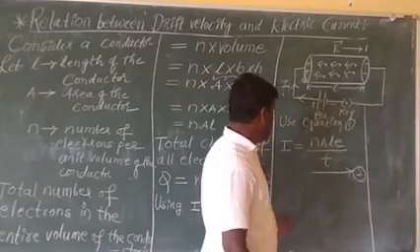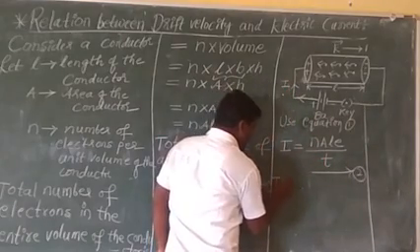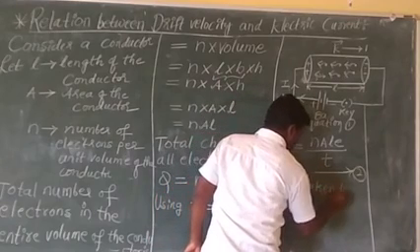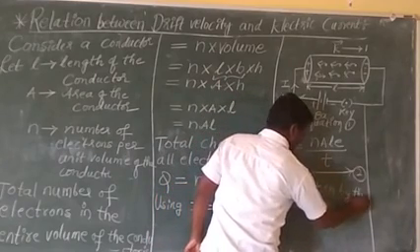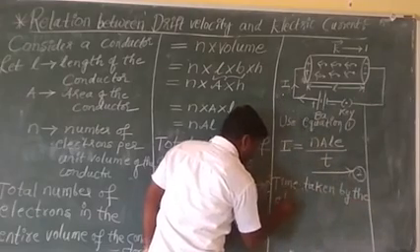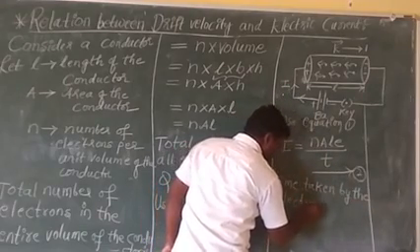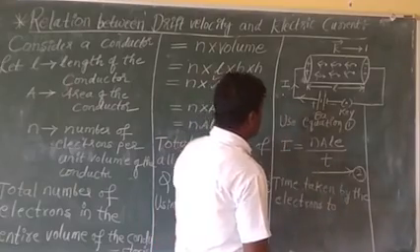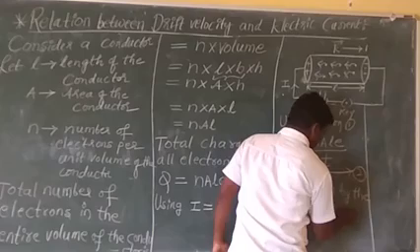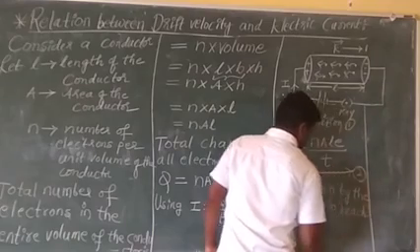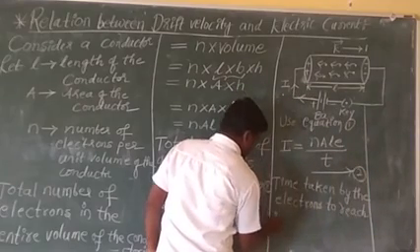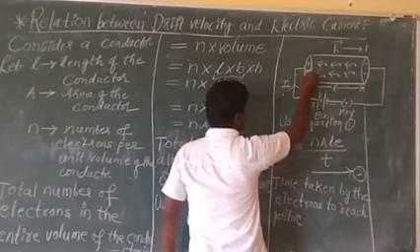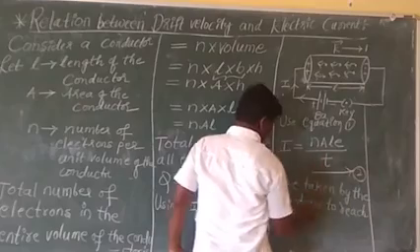So T is the time taken by the electrons to reach the positive plate from the negative plate.